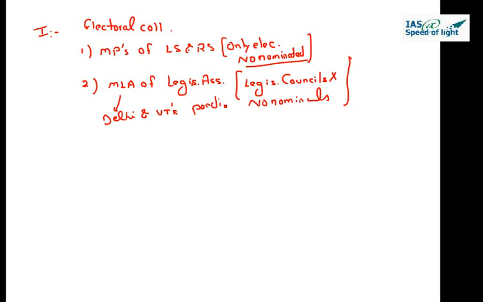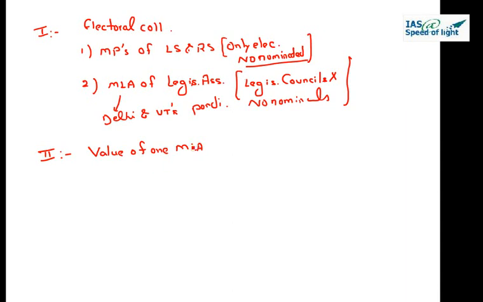Let us see the second thing. Article 55 says the value of one MLA vote. It talks about proportional representation and single transferable vote. So we'll try to understand how the election actually takes place.